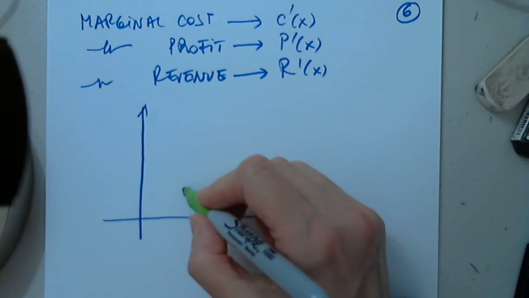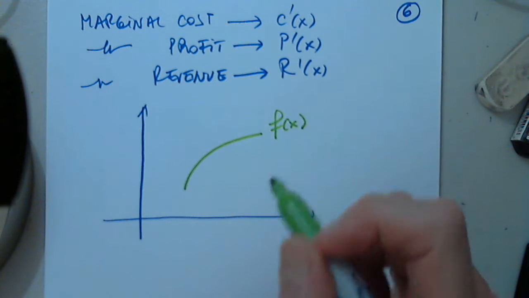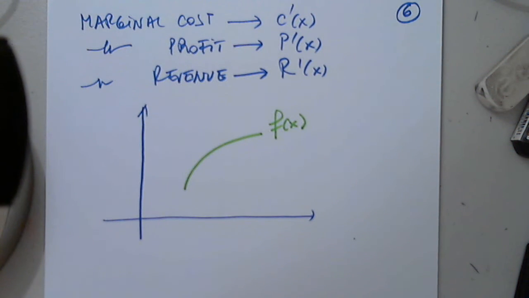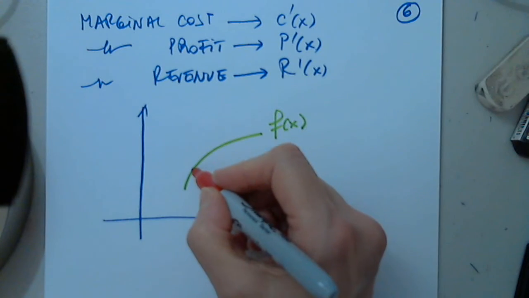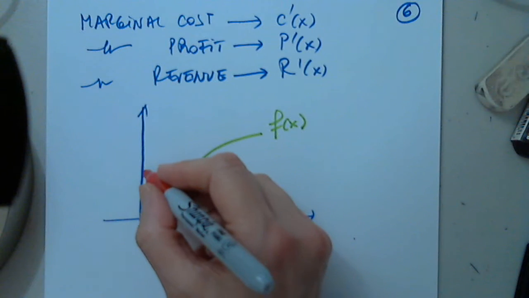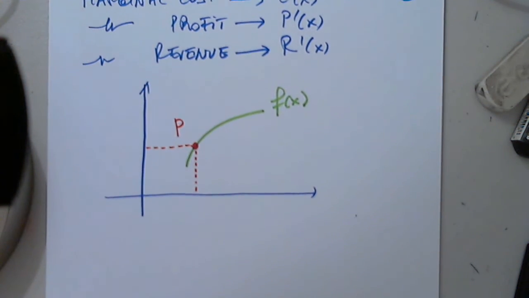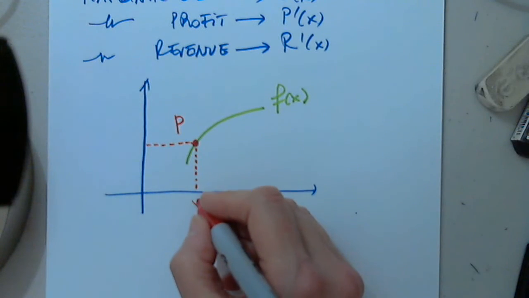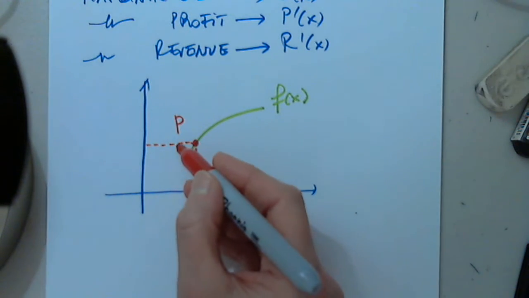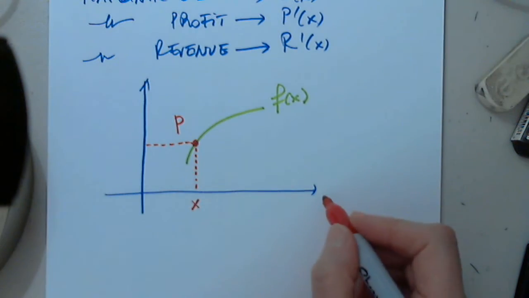So let's take a look at the function. Let's say this is function f of x. I'm going to choose a point on this function. We've done this idea before. I'm going to call this point P, and I'm going to say that the x-coordinate is x. It's a point on the graph, can anyone give us the y-coordinate?